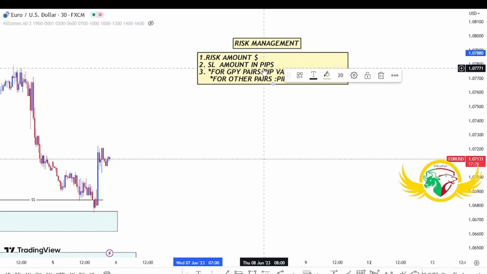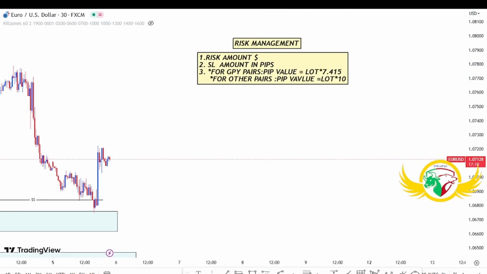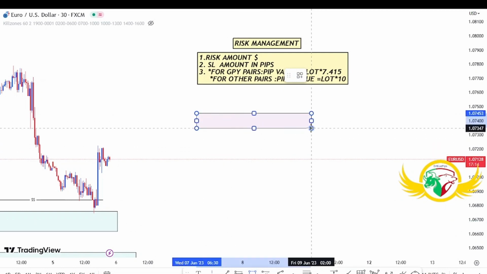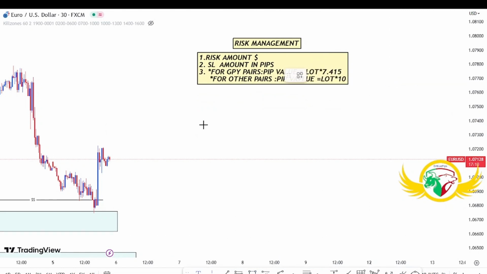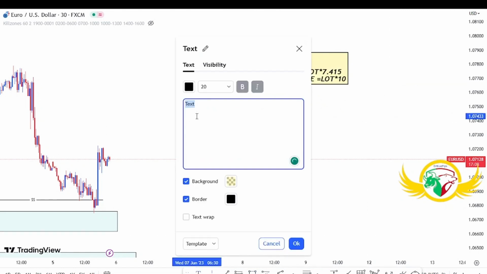Okay, for example, if you have a capital of $100, let's go with a small account, as small as possible. Let's say you have a $100 account.